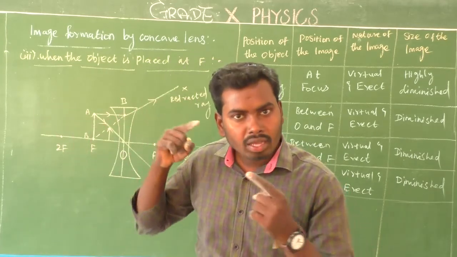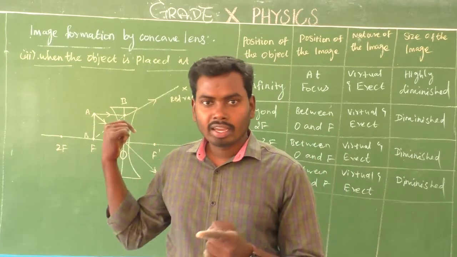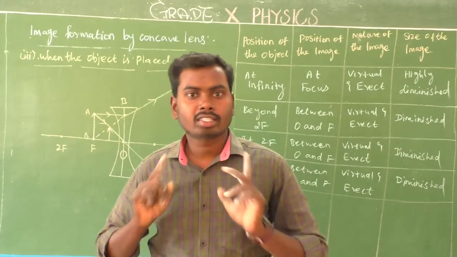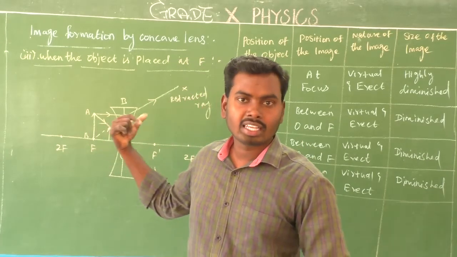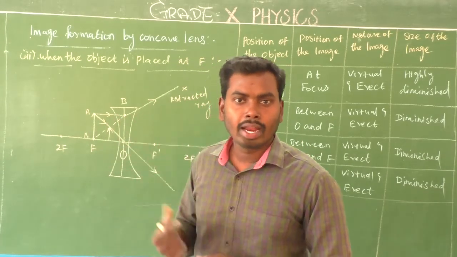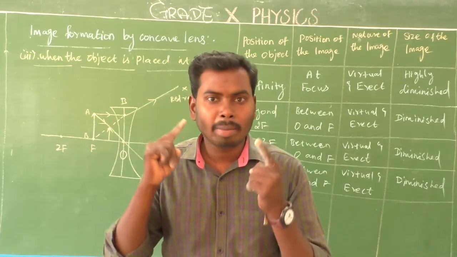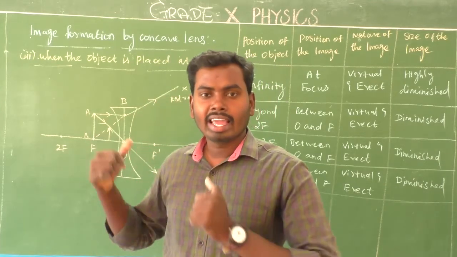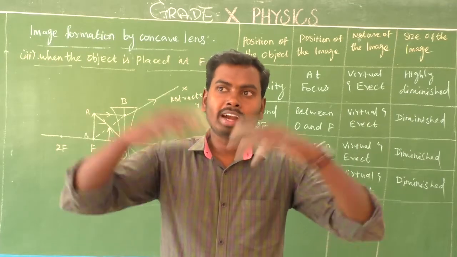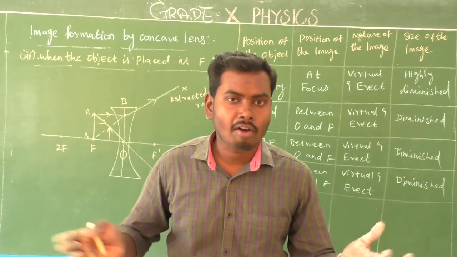They only appear to intersect together, so it is considered a virtual image. In a concave lens, two refracted rays never meet at a single point, because the concave lens is a diverging lens. It spreads out all the parallel beams of light rays after passing through it.